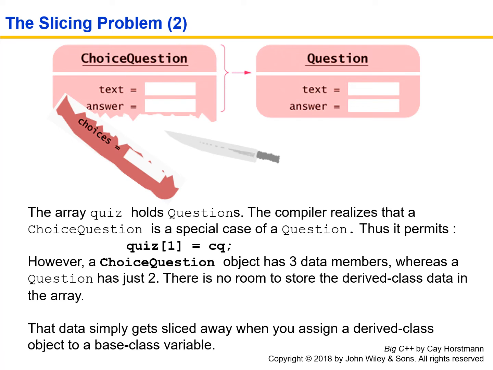But when you assign ChoiceQuestion to a question type variable, it gets sliced off at that part where the new data is added, and only the old parts, only the inherited parts get copied over into the question object. In other words, a question object knows that it can hold a choice question object, but it will only hold the stuff that was derived, that was inherited. It won't hold any of the new stuff.